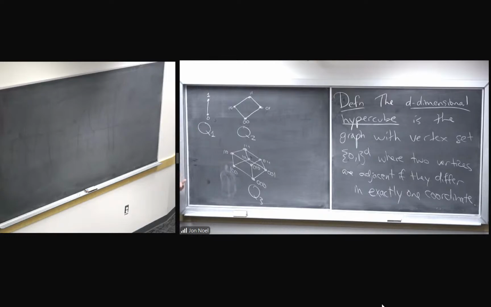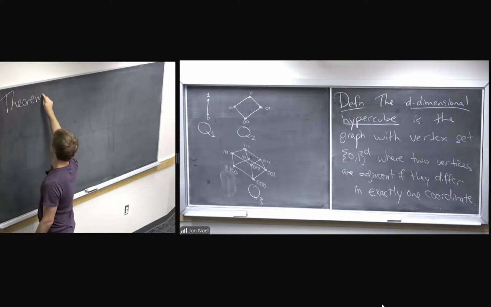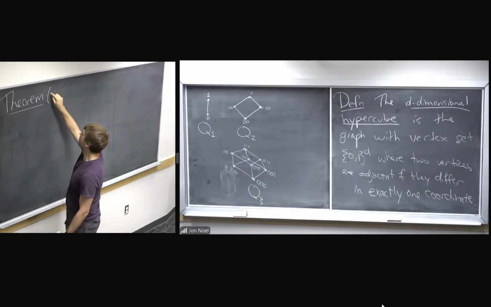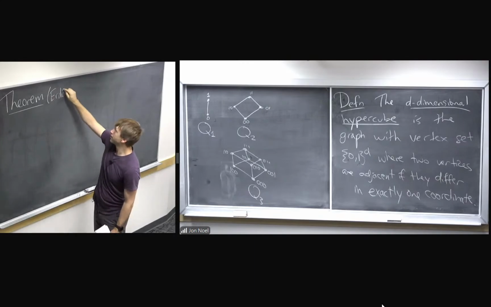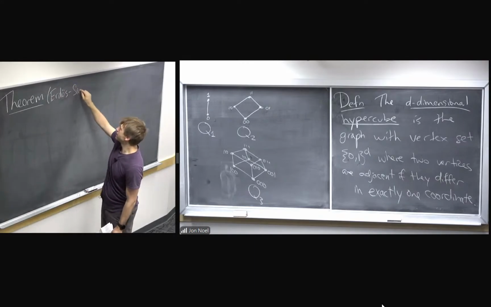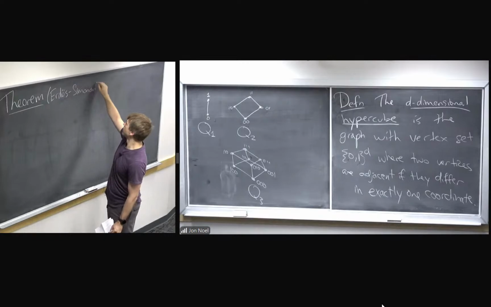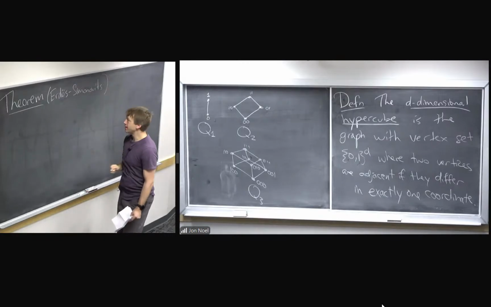What we're going to prove today is an upper bound on the extremal number of this three-dimensional cube. This is due to Erdős and Simonovits from sometime, I think, in the 1980s.